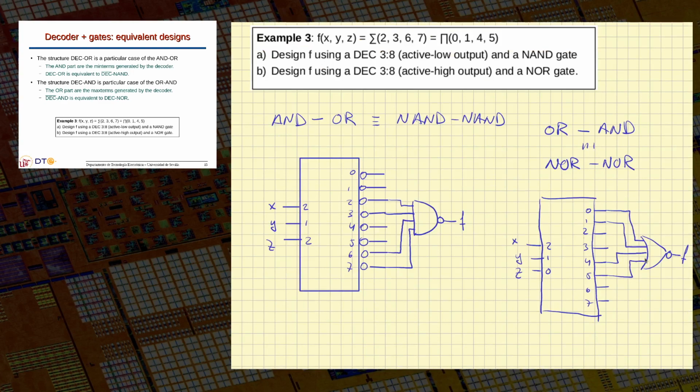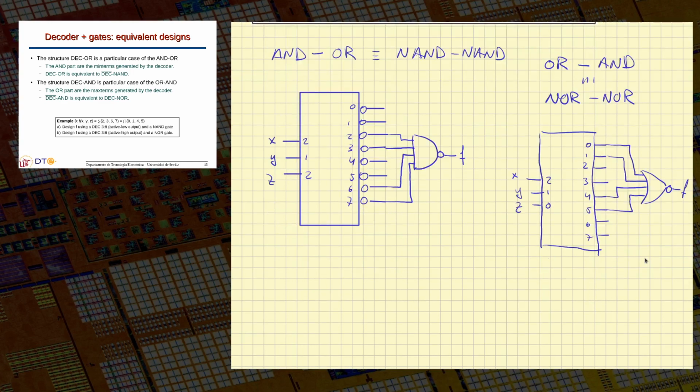Now the question is, are these practical designs in reality? Well, it depends. In the old times, when many circuits were done with discrete components, it was very nice to have this option, because the decoder chip will give you the minterms. So with very few additional gates, you could do most functions. And the good thing is that if you change your design later, you only have to rewire some of the gates.